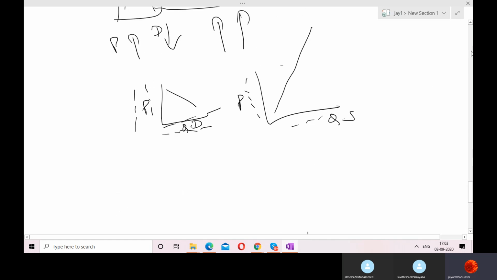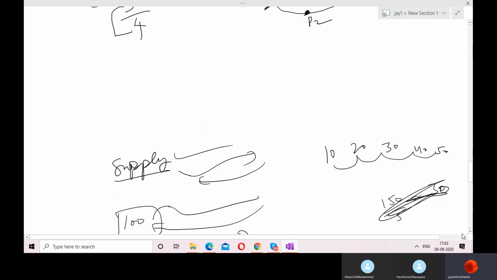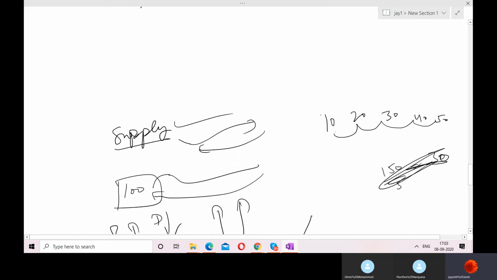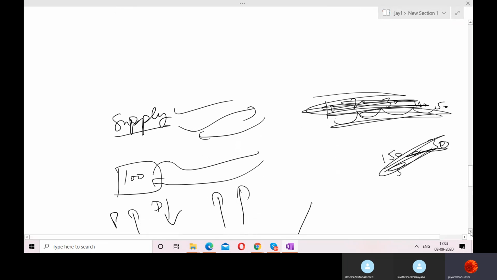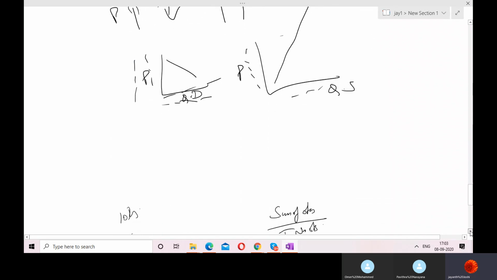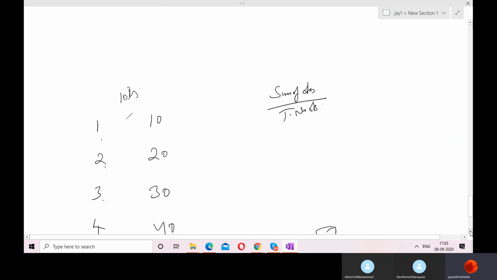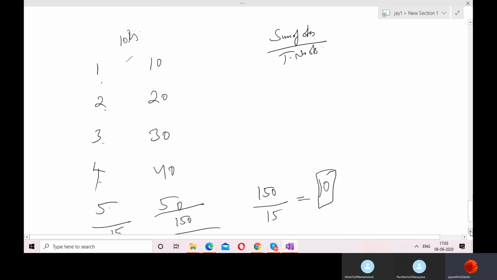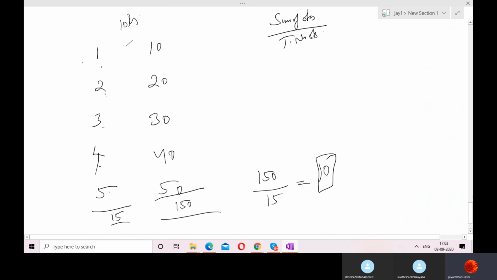Just forget about this example. I cannot give the example in this perspective. So this was not the example for average revenue. Just leave it. So I'm giving you the example for average revenue in this case. Or else if you want to find out the average, you can find out in this way also. 10 by 1, 20 by 2, 30 by 3, 40 by 4.